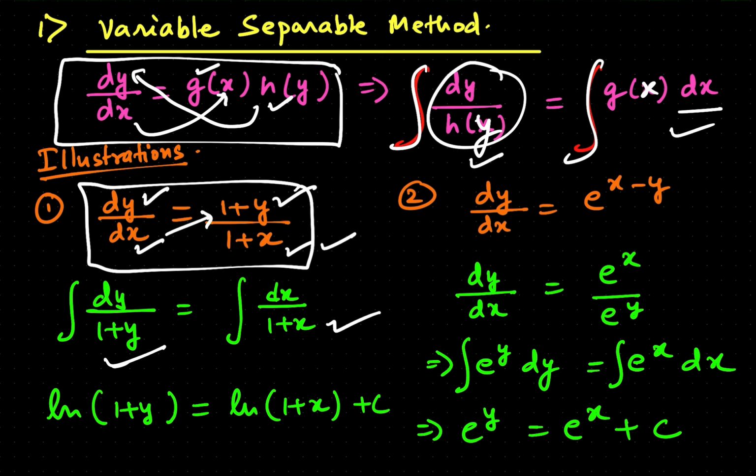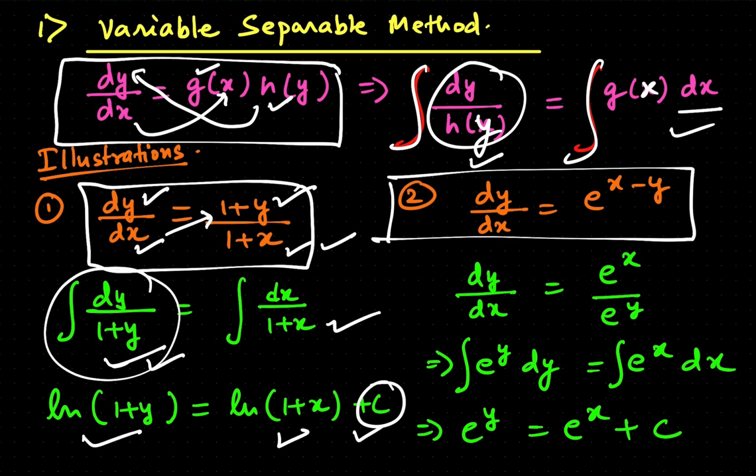Now we will integrate both sides separately, LHS and RHS. On integrating the LHS you will get ln(1 plus y), and on integrating the RHS you will get ln(1 plus x), and we add the constant of integration, which we already saw how to do.